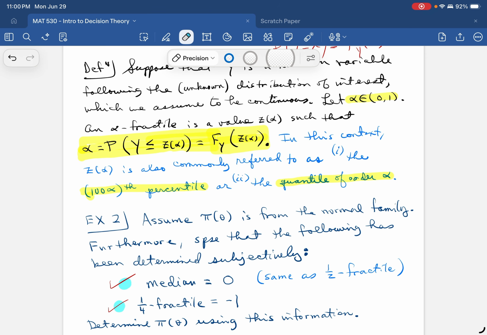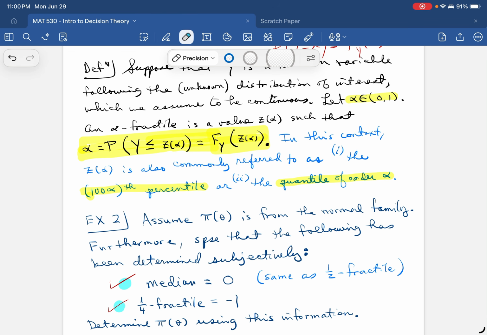And also let's suppose that the median, as we see here, is 0. And remember that's the same as the 50th percentile or the 1/2 fractile. And let's say that the first quartile, which is the 1/4 fractile, or the 25th percentile, is -1.